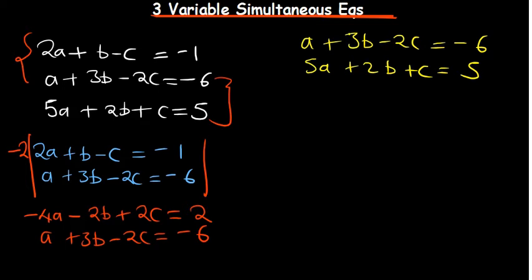And then we can actually just subtract, or we're actually adding -4a plus a is a -3a, right? And then -2b plus 3b is just a b. And then 2c minus 2c is a 0. 2 minus 6 is a -4.